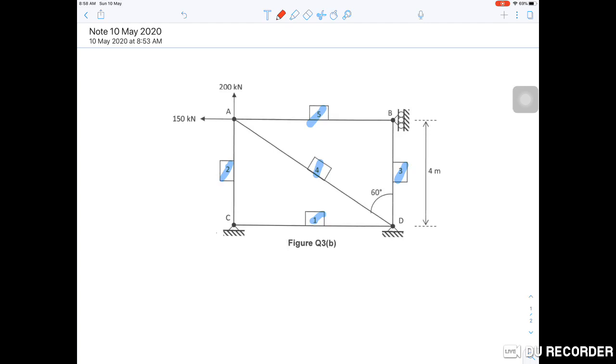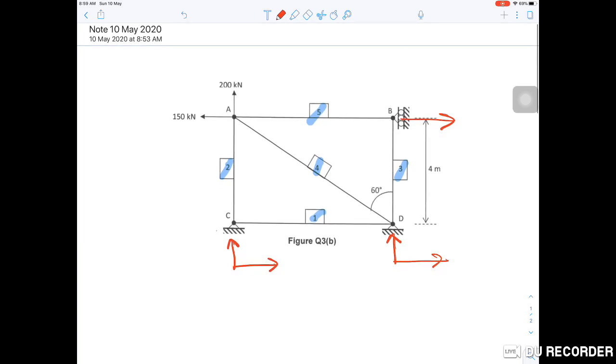B is roller support. D has pin support. Pin this one and this one, pin. Okay, and C also pin support, so like this.